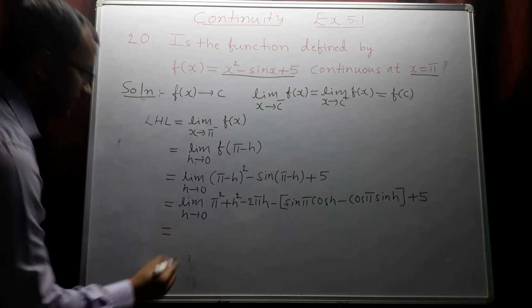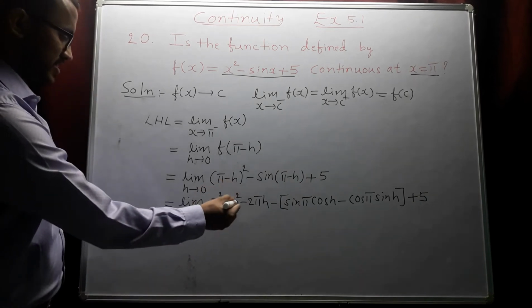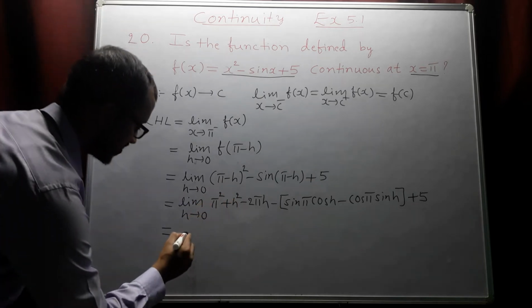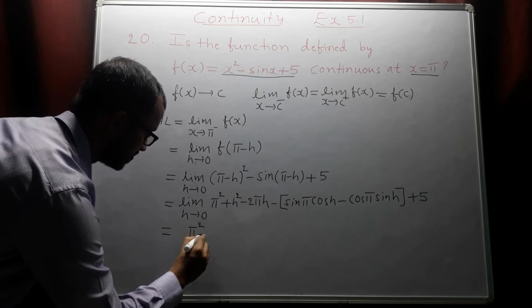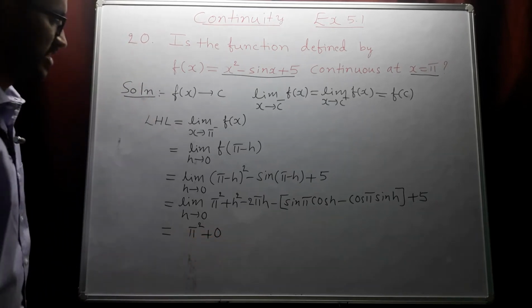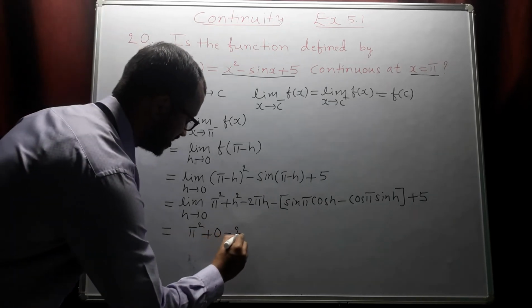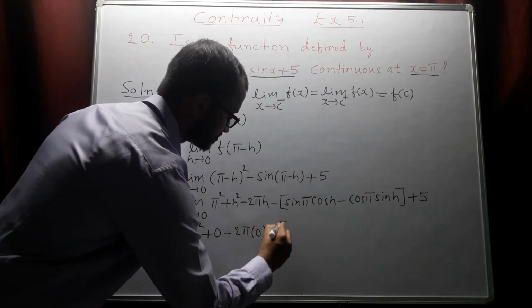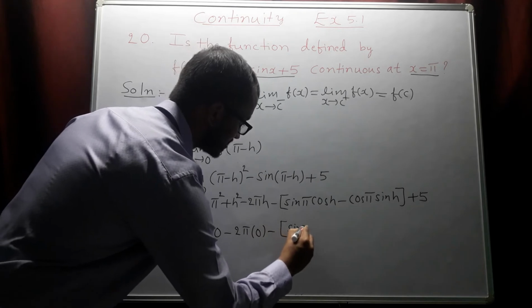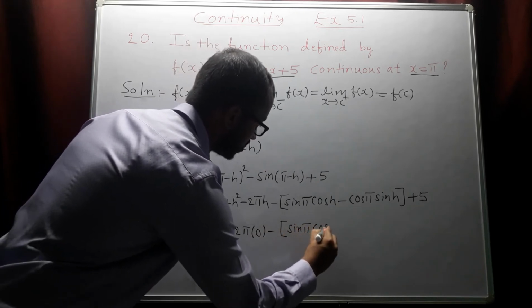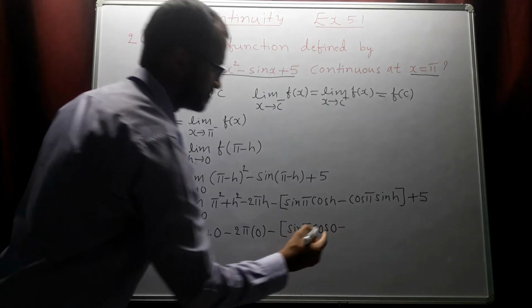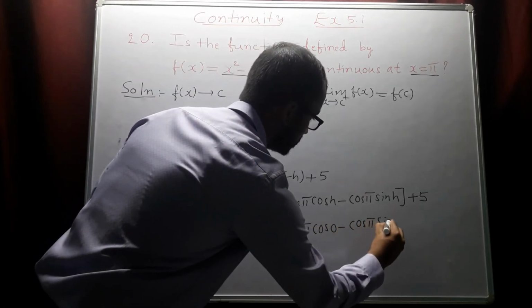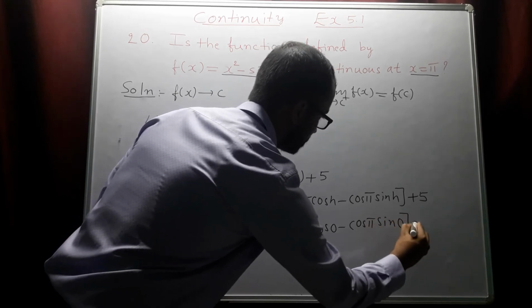Now replace h by 0, so we are substituting the limit. What we get is π² + 0² − 2π(0) − [sin π cos 0 − cos π sin 0] + 5.